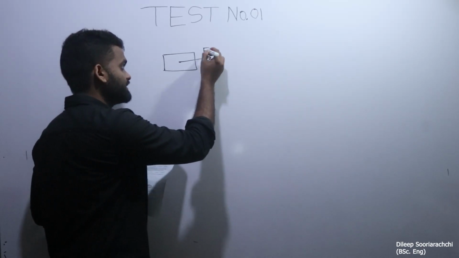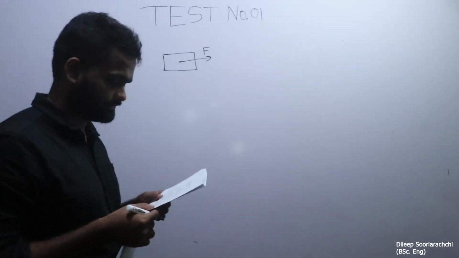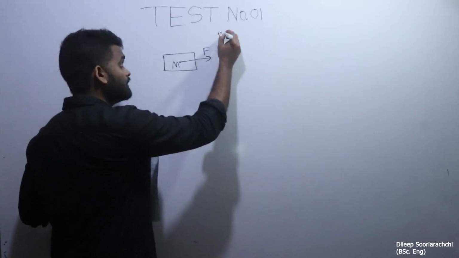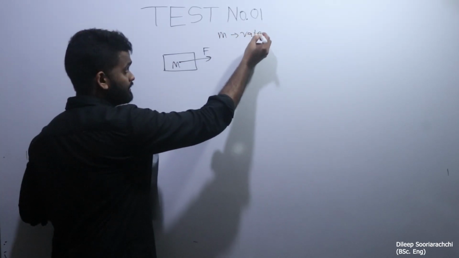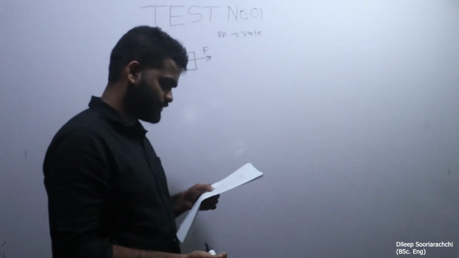So the force acting on the trolley is capital F, which is constant. And they have given the total mass of the trolley. Given the rate of sand leaking from the trolley is m. So m is a rate, right? Remember that, that is a rate of sand moving out of the trolley.